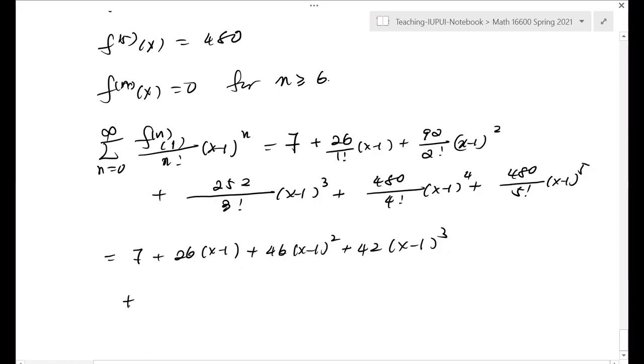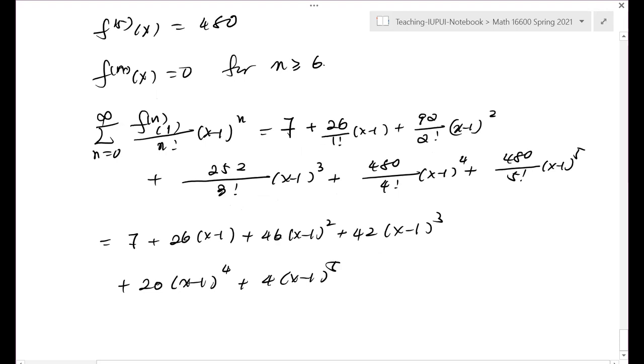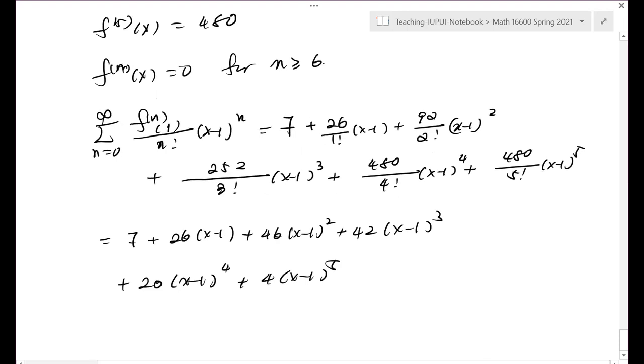And 480 divided by 120 is going to be 4. Okay. So that is a Taylor series.